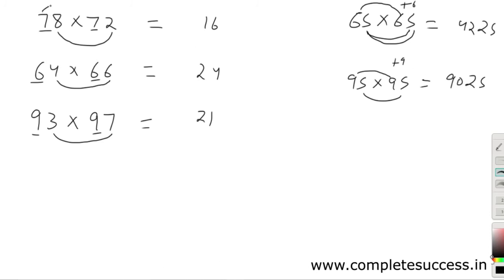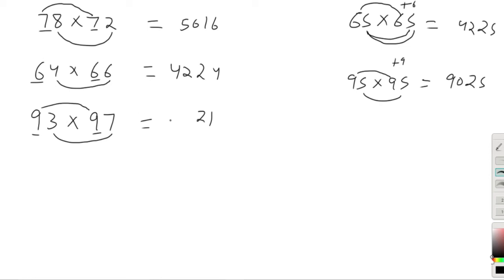Same way we do 7 into 7 plus 7, 6 into 6 plus 6, 9 into 9 plus 9, or you can also say multiply 9 with 10, multiply 6 with 7. So multiply this first number with the next value, and it will fetch you the same answer. 7 into 8 is what? 56. 6 into 7 is what? 42. 9 into 10 is what? 90.